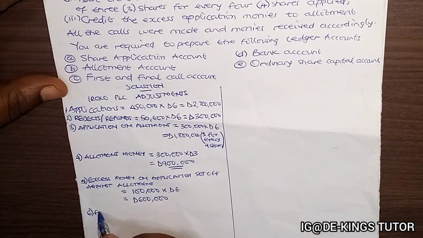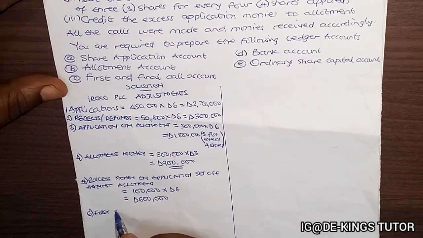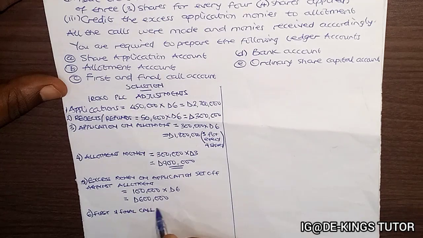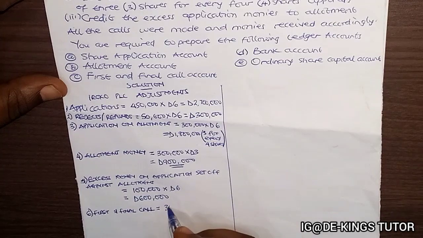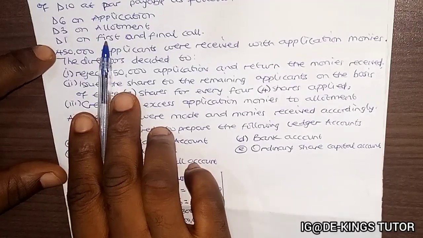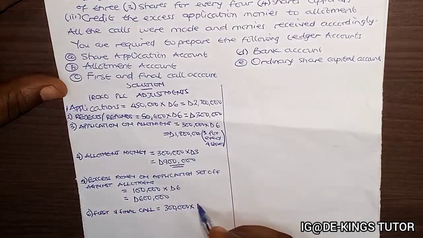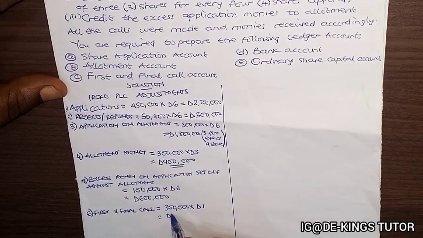Now the next one will be on our first and final call. Remember, our issued share is 300,000 times $1, so it will give us $300,000.